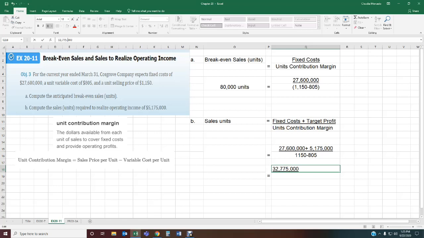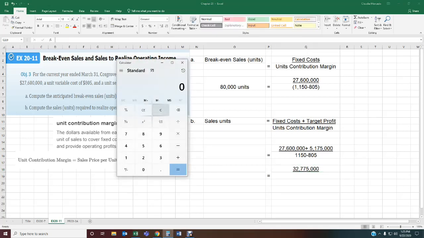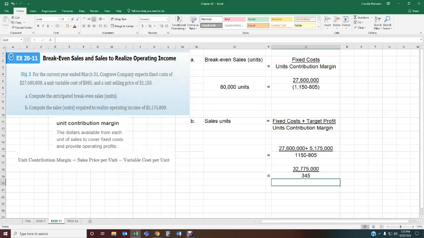And I am going to divide by the 1150 minus the 805. That gives me 345.